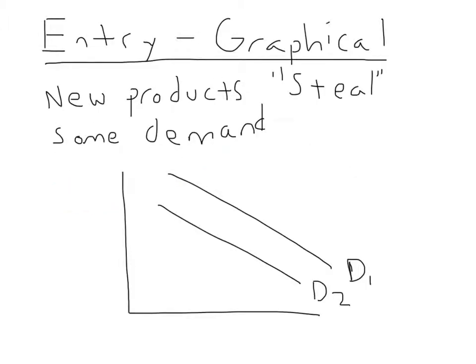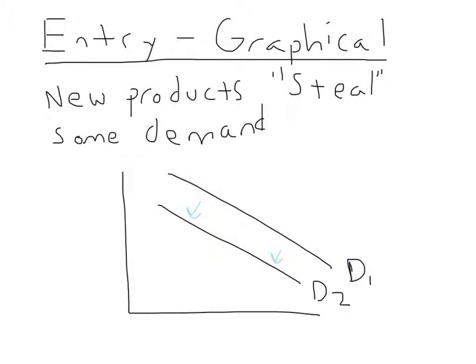So graphically, what does entry look like? The idea is that new products enter the market and they steal some of the demand. So if our pizza shop faced demand curve D1, and then a whole bunch of pizza shops open nearby, suppose I have Steve's Pizza, and then John's Pizza opens nearby, he would steal some of my business because some of my customers might prefer his style of baking pizzas. So my demand curve is going to shift downward to D2.